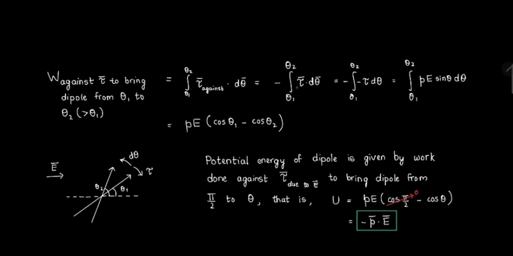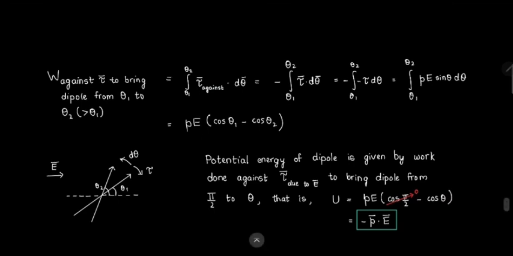And the angular displacement is in the opposite direction of the torque due to the electric field, so their dot product will result in this minus sign. So minus minus cancel, and you do the integration, you'll get this one.